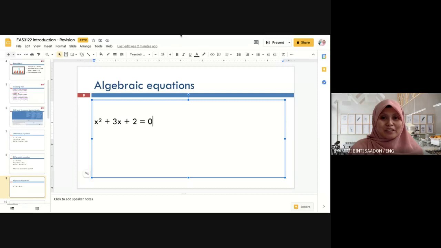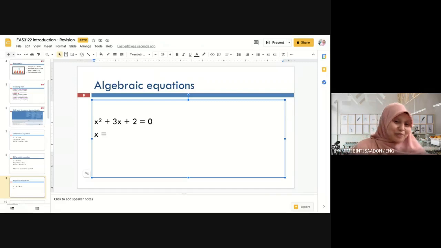If you have this type of algebraic equation, the solution will be x equals to what? This one is simple.